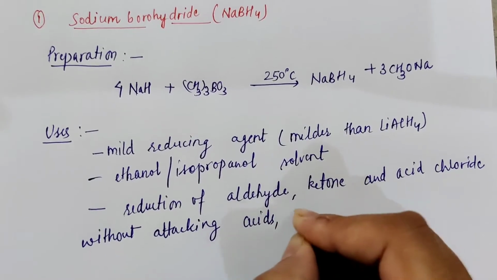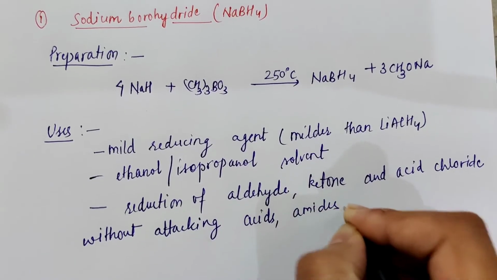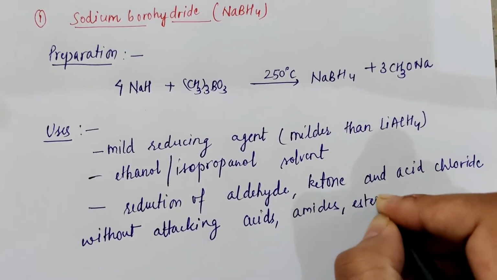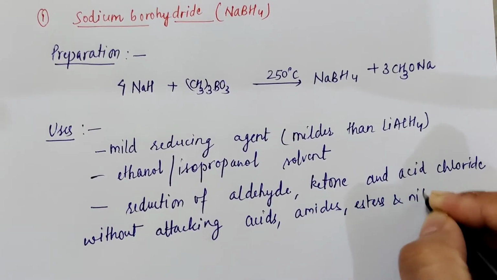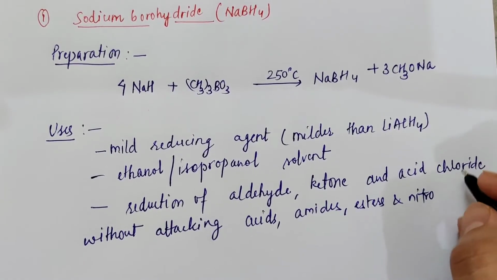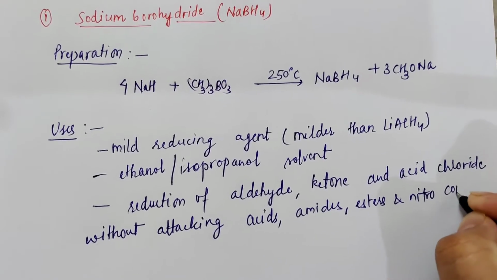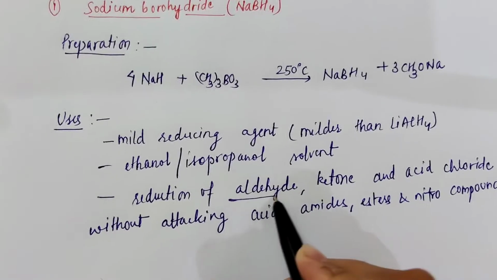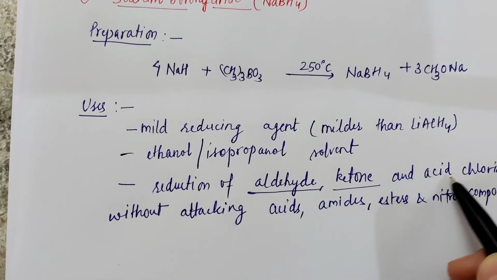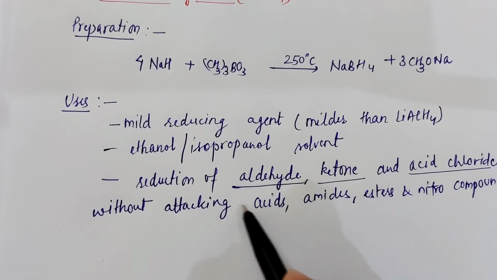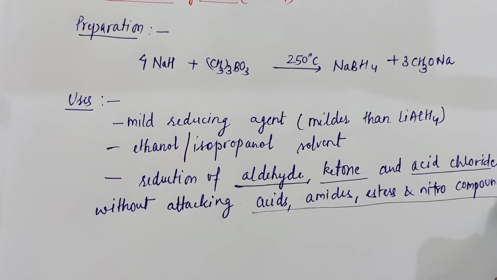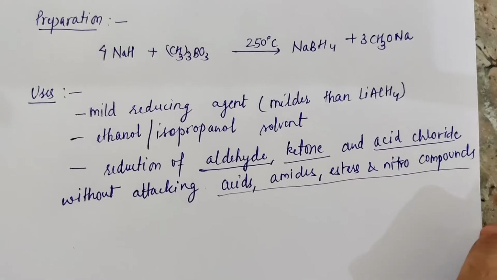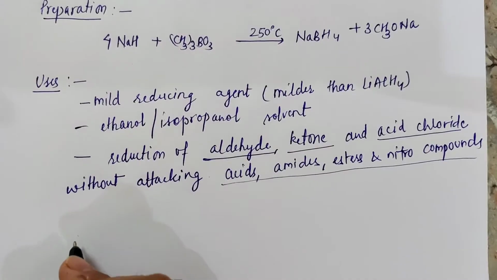So acids, amides, esters and nitro compounds are neutral to sodium borohydride. So it only reduces aldehyde, ketone and acid chloride, and there is no effect on acids, amides, esters and nitro compounds. Let's see some reactions.